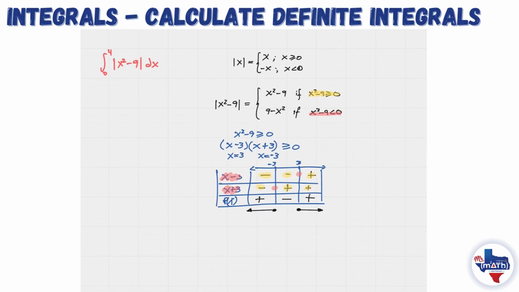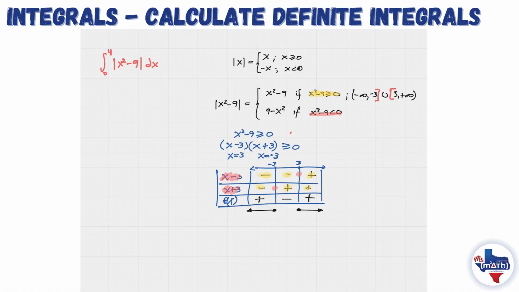This means that x squared minus 9 is greater or equal to 0 in what interval? From negative infinity to negative 3 union 3 to positive infinity. In this case, I'm going to amend something here because those should be closed intervals, because it does include the 3.